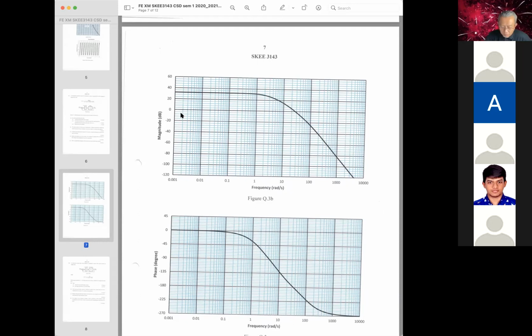So there is a Kp inside. What is the initial value of the gain curve?